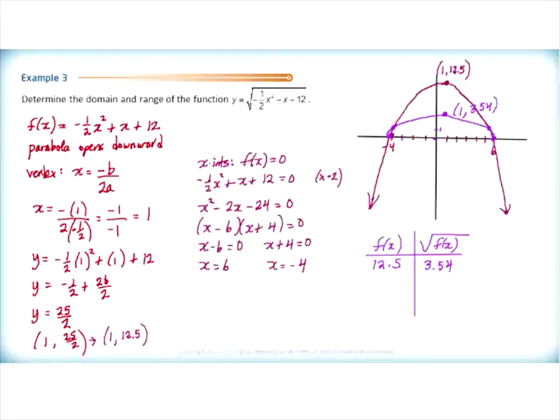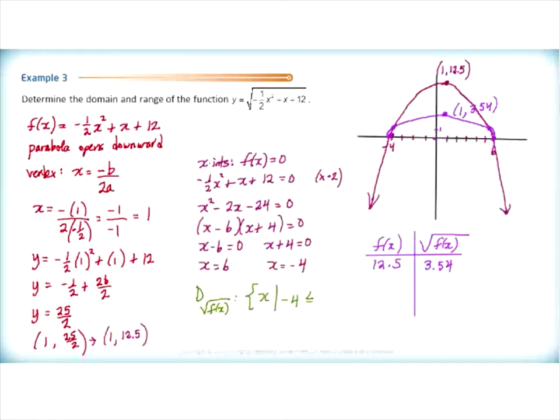Remember that the square root graph is greater than the graph of the original function for values of y between 0 and 1. So now we can clearly state the domain and the range of your square root function. The domain of the square root of f of x will be all values of x between -4 and +6.